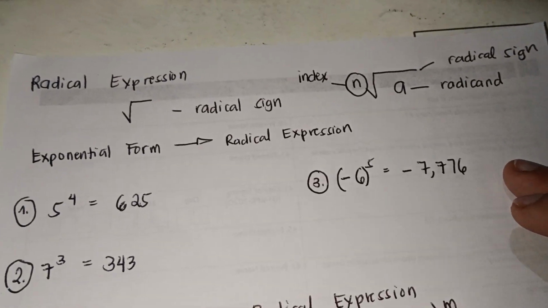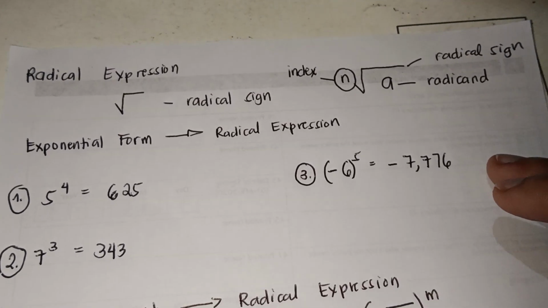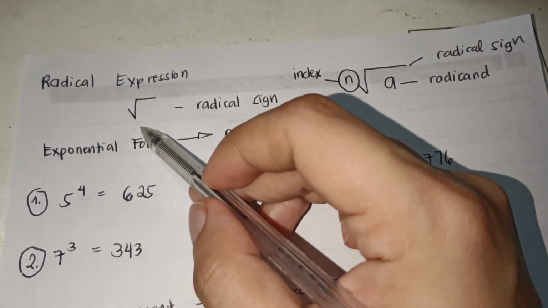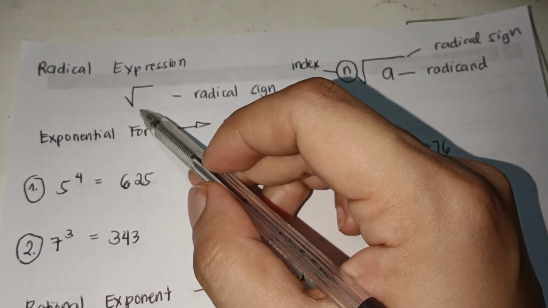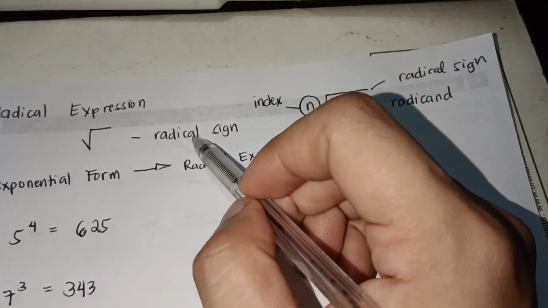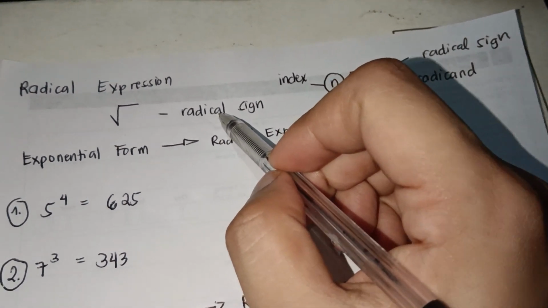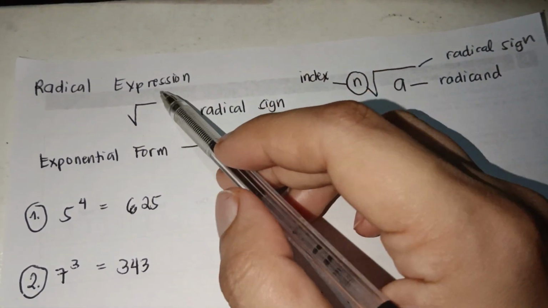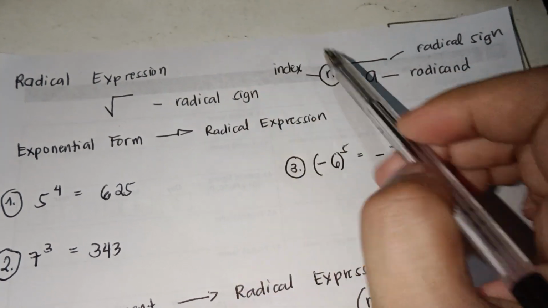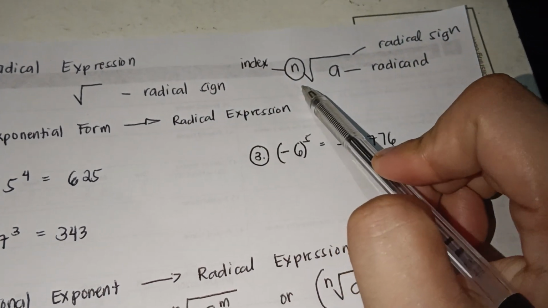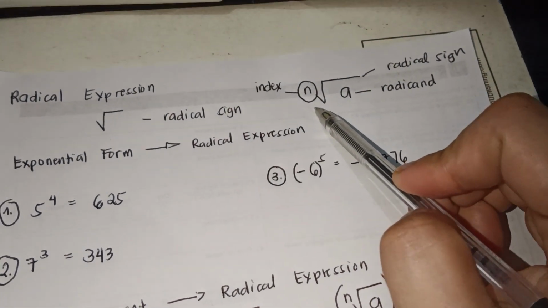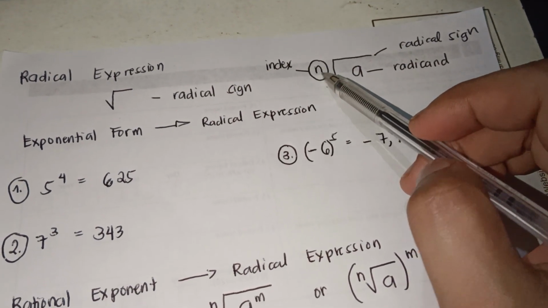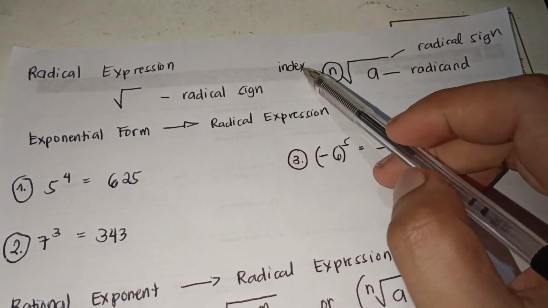So, before we begin po, we have radical expression and we have here this symbol, okay? Which is called the radical sign po. Mahalaga po ito sa radical expression. And we have different parts of radical expression po. So we have the value of n which serves as your index.